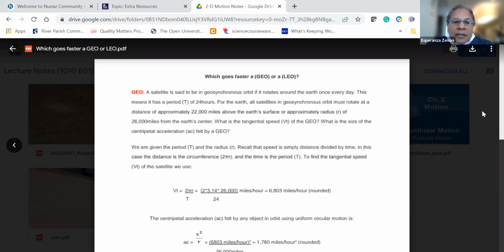And the time in this case is the period T, capital T. That's the symbol that we use, right? So when we plug in our numbers, 2 pi, which we use 3.14, and then the orbit radius, 26,000 miles. So we're multiplying all that, and then we're dividing by the period, 24 hours.